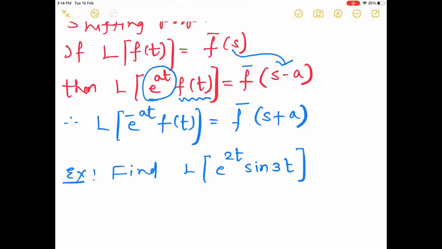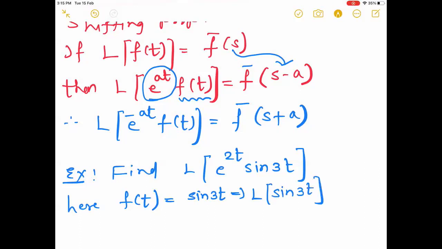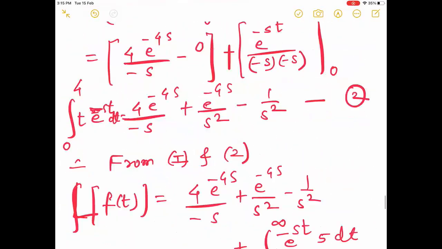So what is f of t here? f of t is sine 3t. Can you tell me quickly what its transform is? What is the sine 3t transform? Because we have calculated for sine at. I hope the formula list is there with you, and we already did it in the last lecture.